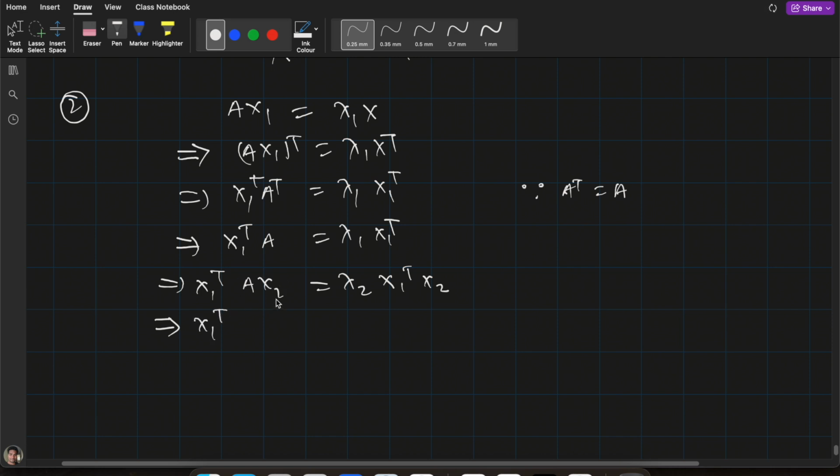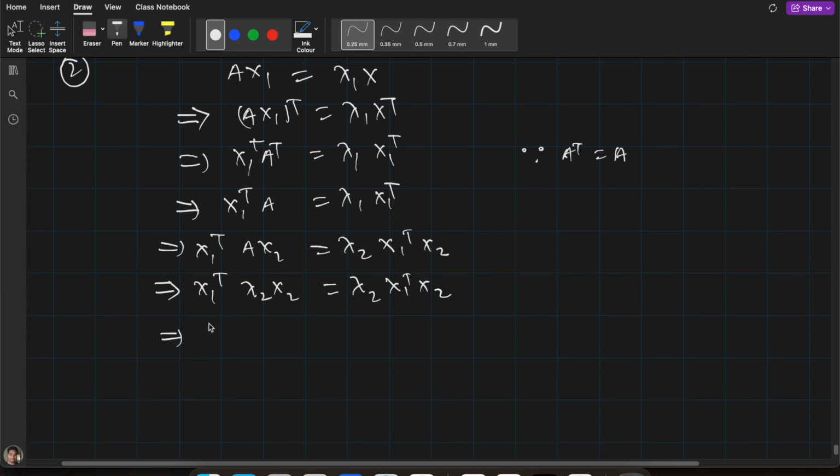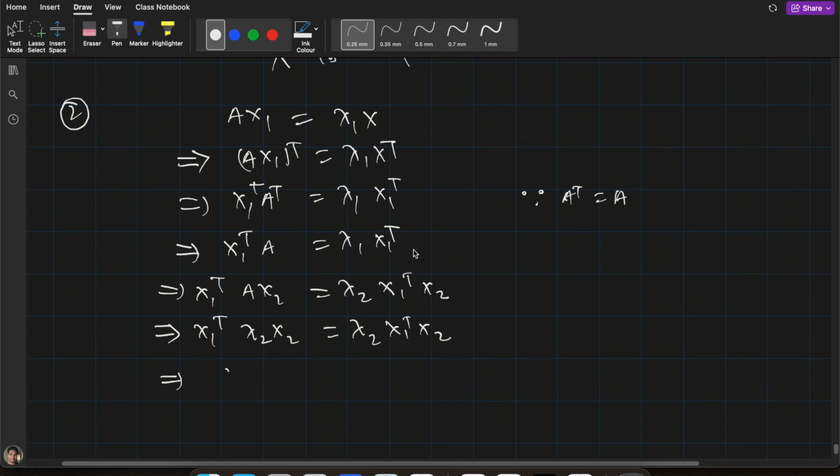You can see that I can write Ax2 as lambda 2 x2. Now bring both sides together. It should be lambda 1.